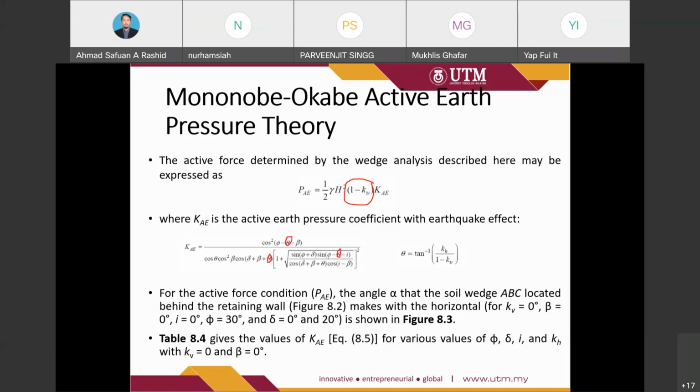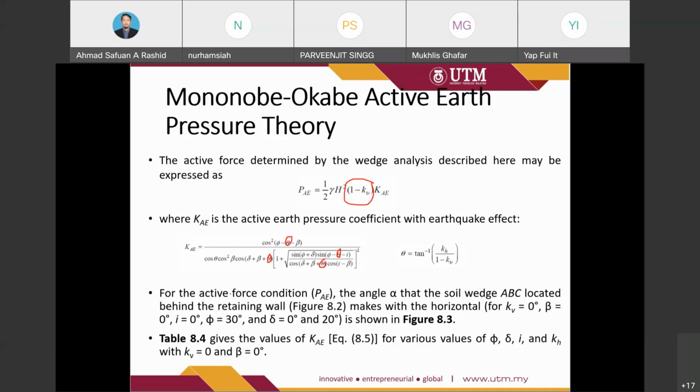So what is the formula for the theta? Theta is the tangent inverse of KH over 1 minus KV.